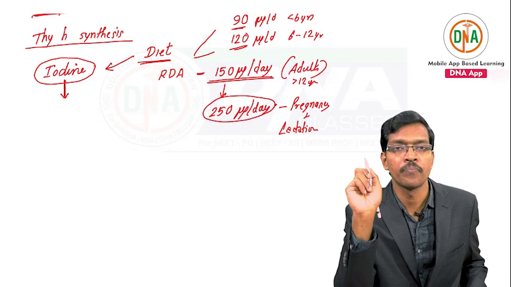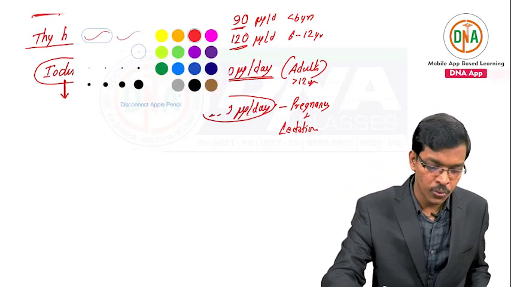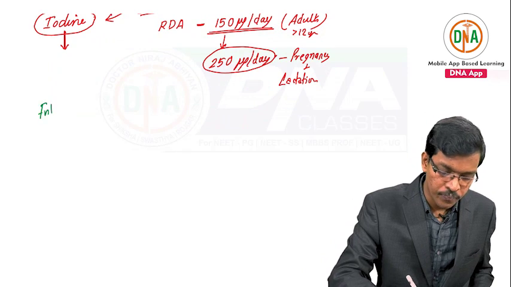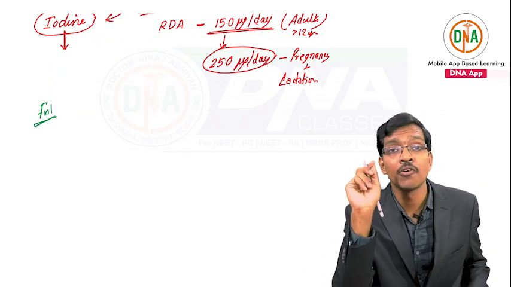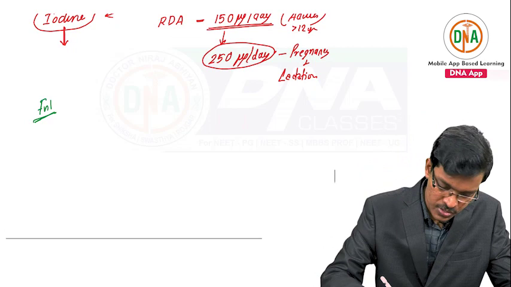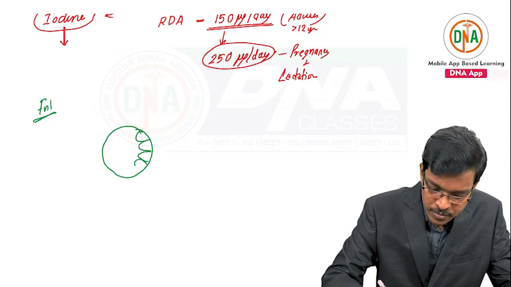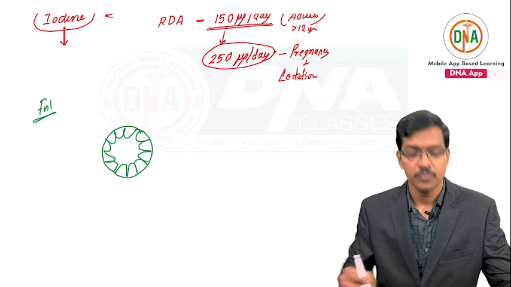That is what you are going to see. Before that, let me show you what is the functional unit of a thyroid gland. That is a thyroid follicle. So, if you see a thyroid follicle, it looks like this. This is a thyroid follicle.